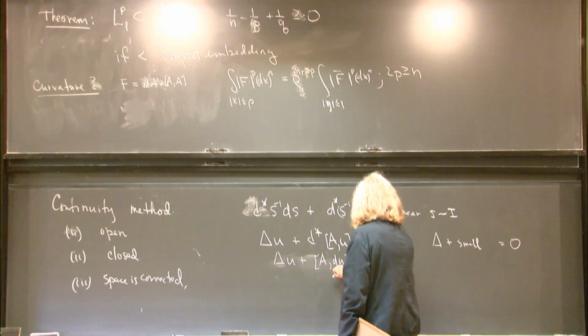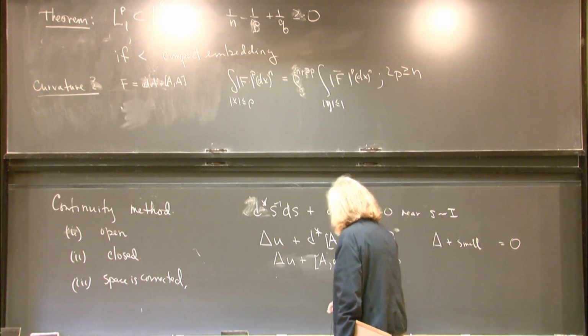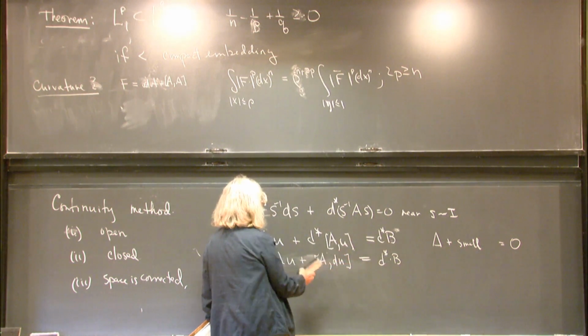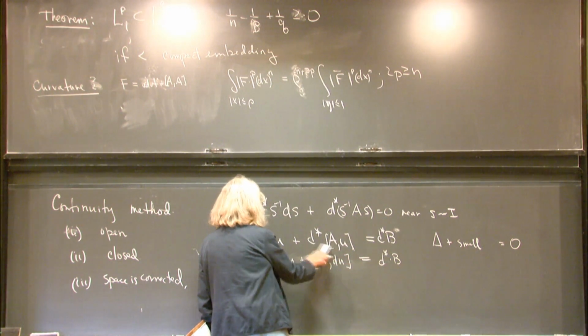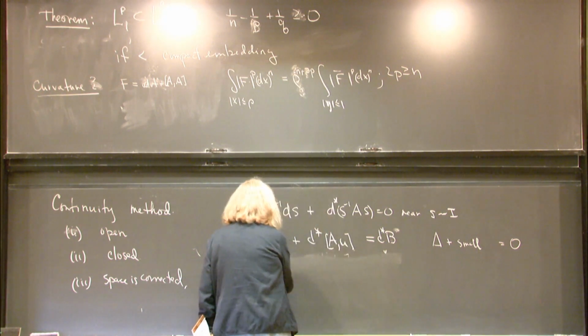Sorry. But in any case, this has a kernel of constants. I can't quite remember why the right-hand side is, it's the solutions. Oh, this operator has a kernel, the constants.